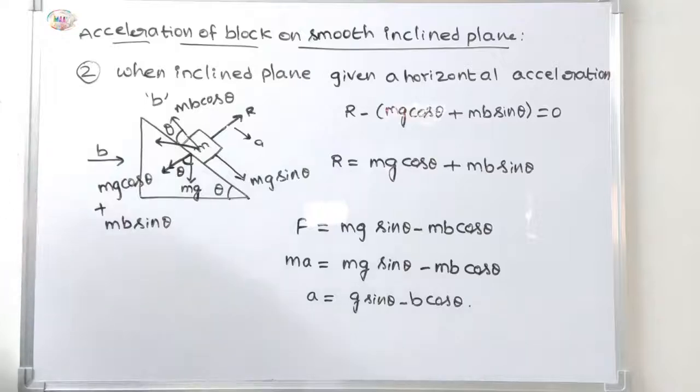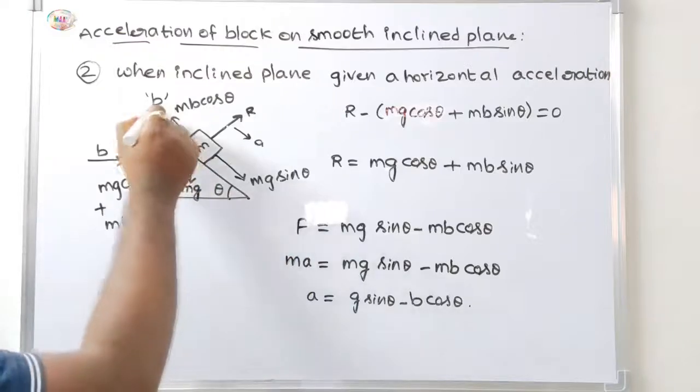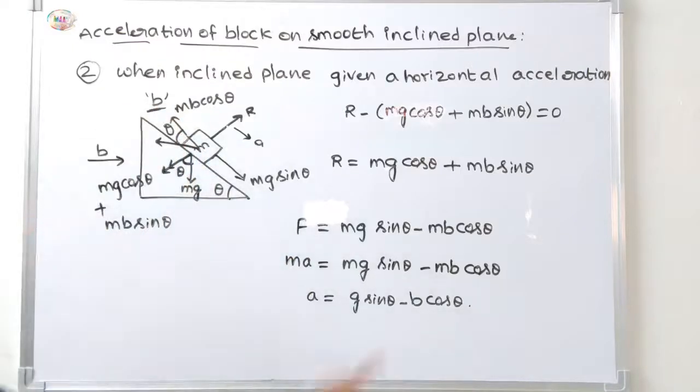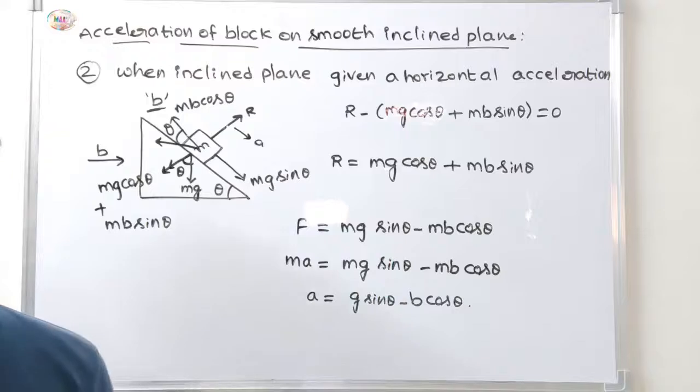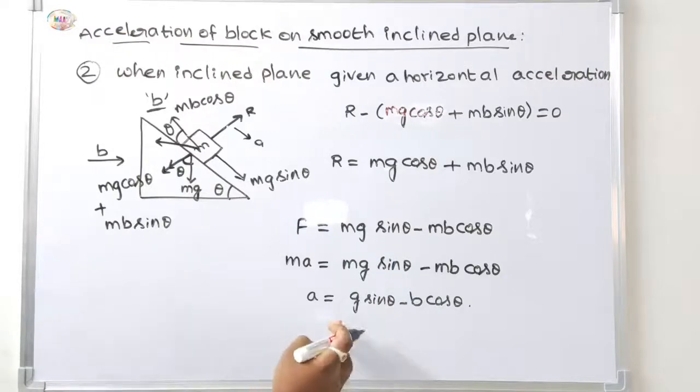This is the acceleration of the block on an inclined plane given a horizontal acceleration b. We found the reaction force and the acceleration. The condition for the body to be at rest relative to the inclined plane is a equal to 0, so g sin theta minus b cos theta is equal to 0.